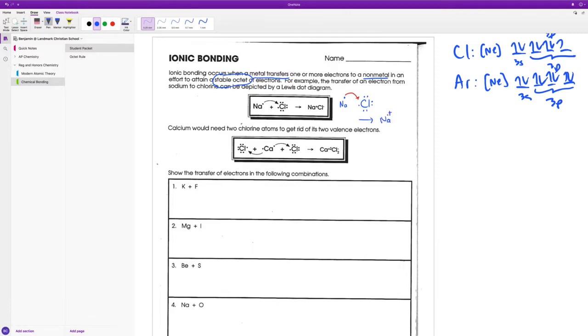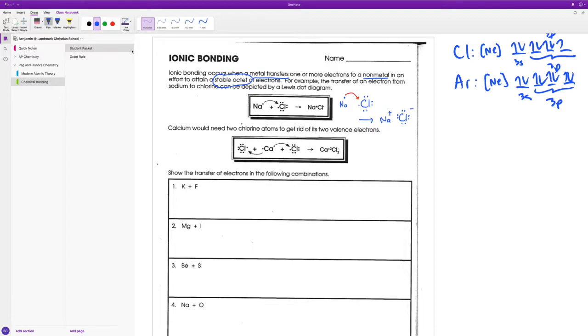the positive charge is because it's lost the negatively charged electron, and chloride, and I'm going to draw chloride with its full octet now. It started off with 7 valence electrons, and now it's got 8 valence electrons, with the negative charge.